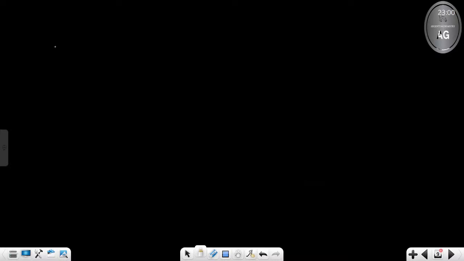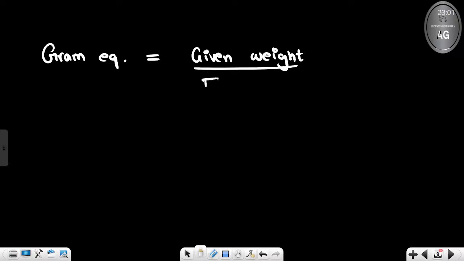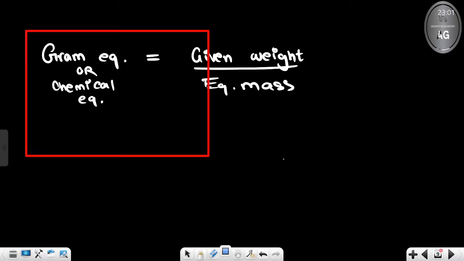So if I have to calculate gram equivalent, it will be the given weight divided by equivalent mass. Gram equivalent can also be called chemical equivalent. Very important formula because we will be using this one.